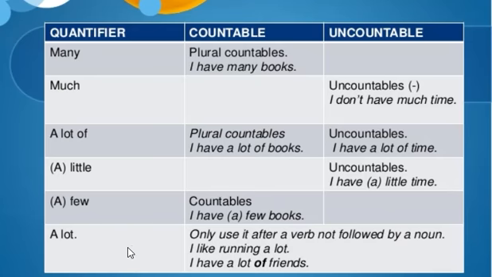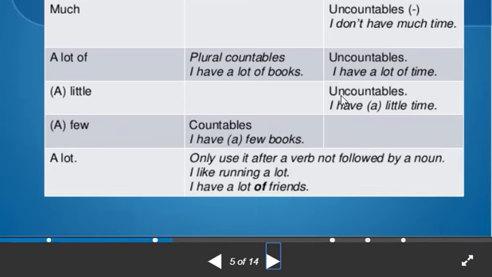And a lot is used, as you see from the instruction, only after a verb, not followed by a noun. For example, I like running a lot. Please remember, you cannot say I like running a lot of. This is one of the points about using a lot. But if you want to bring a noun after a lot, you must bring of here. I have a lot of friends.